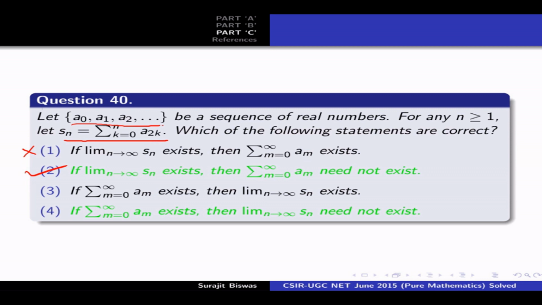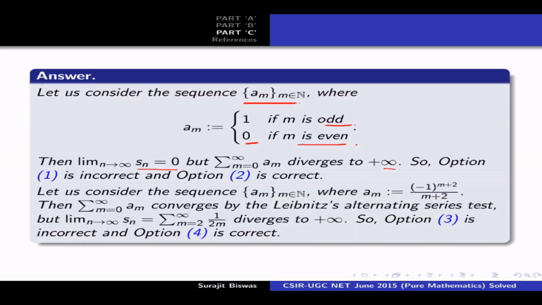And now we want to check, if the sum m equal to 0 to infinity a_m exists, then limit n tends to infinity S_n exists. So this won't be correct as well. And for this, let us consider the sequence a_m, where a_m equals (minus 1) to the power m plus 2 divided by m plus 2.